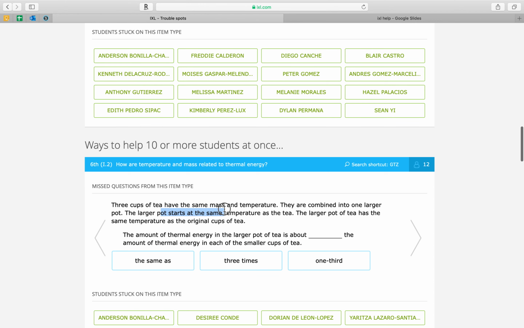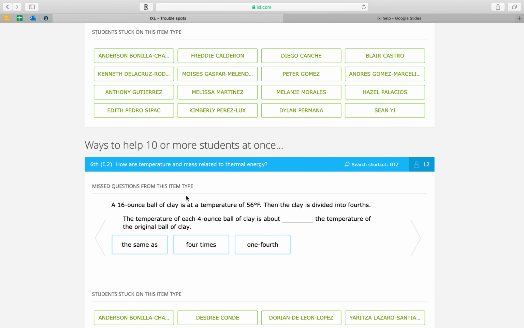Now the large pot has the same temperature as the small cups. The larger pot of tea, again, has the same temperature as the original cups of tea. However, the amount of thermal energy in the larger pot is going to be 3 times the amount of thermal energy in each of the smaller cups because it's 3 times the size.